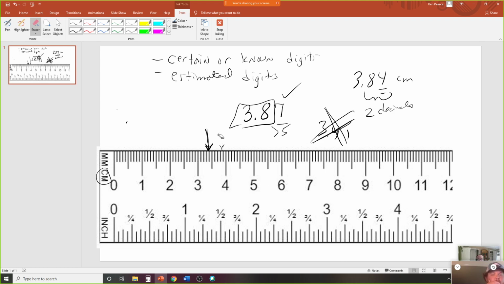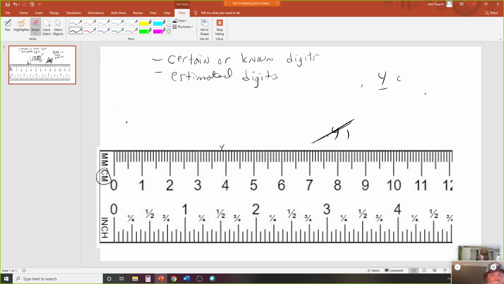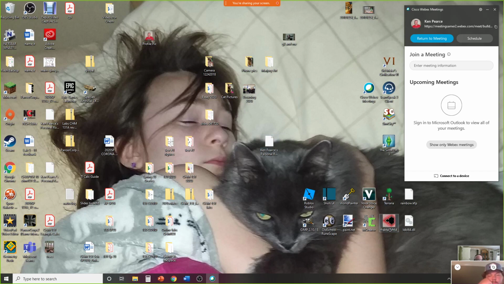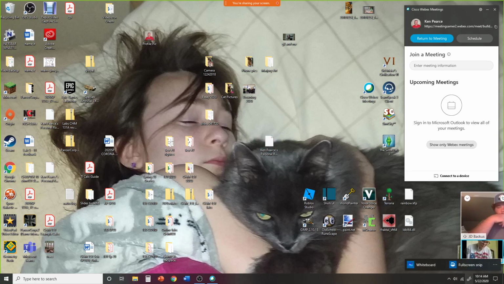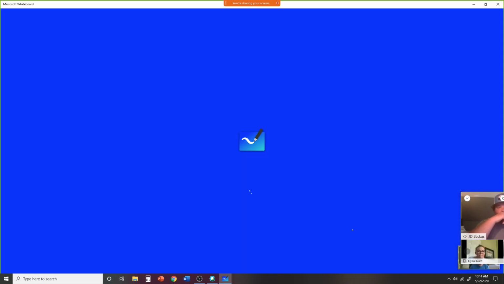Now, when we're measuring, say, a graduated cylinder, let me pull up my whiteboard here. Let's say we're measuring with a graduated cylinder.